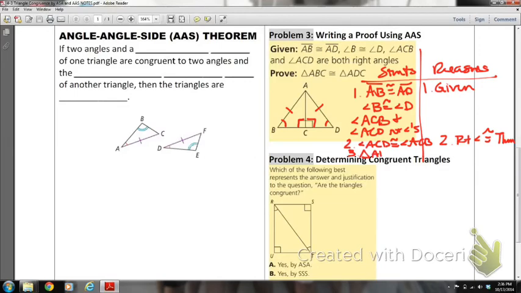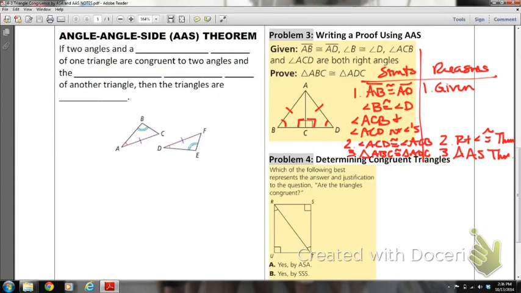Triangle ABC is congruent to triangle ADC by the angle side theorem, because we have two corresponding pairs of congruent angles, and corresponding congruent sides that are not included in between those two angles.